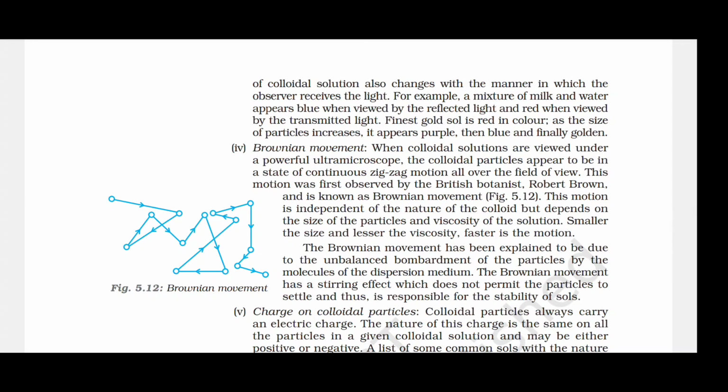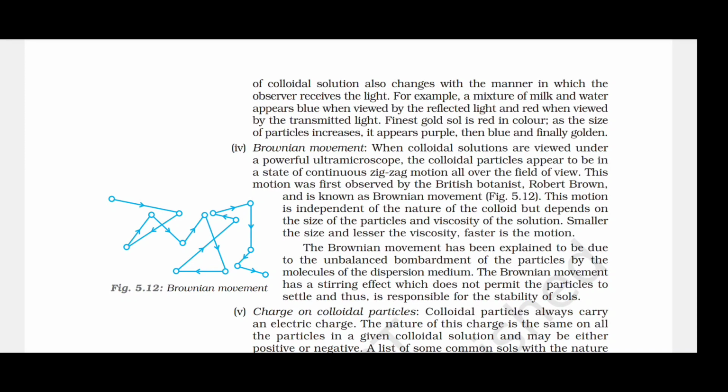For example, a mixture of milk and water appears blue when viewed by reflected light and red when viewed by transmitted light. Finest gold sol is red in color. As the size of the particle increases, it appears purple, then blue, and finally golden.